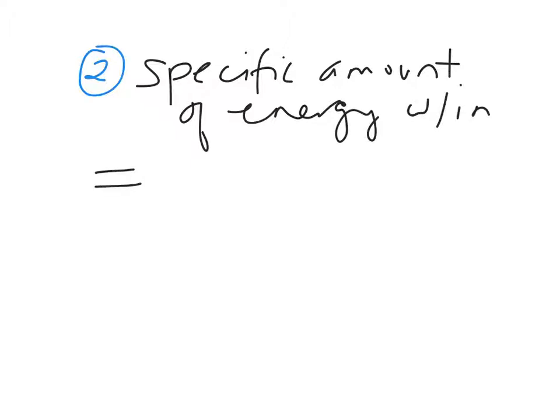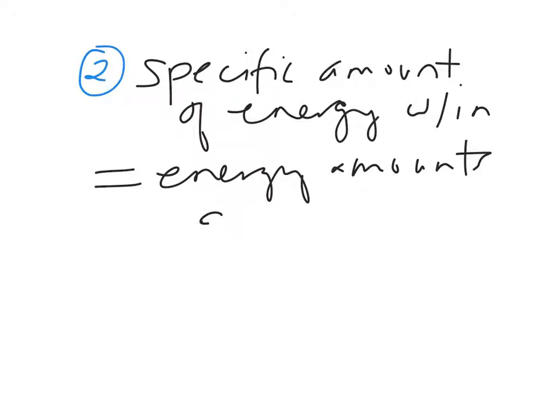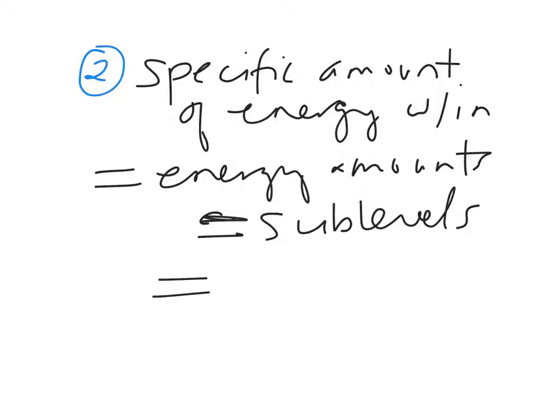We call these energy amounts sublevels. And just like we represent the primary energy level with the letter N, we represent sublevels with letters as well. Those letters are S, P, D, and F.